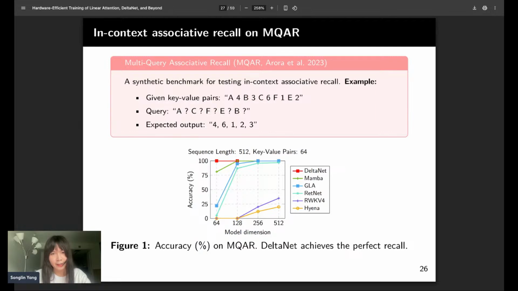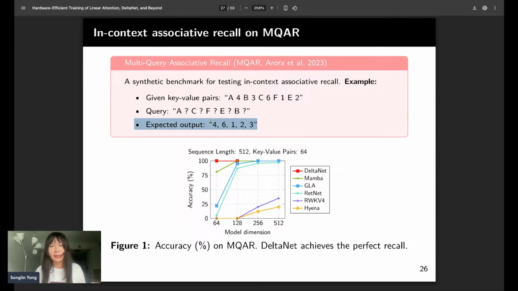The model needs to retrieve the values based on the keys from the context. This is a purely in-context learning task because the answer is only provided in the context. It is not provided in the previous training data, and this data is constructed on the fly. So the model has no way to encode this associative pair in its feed-forward memory.